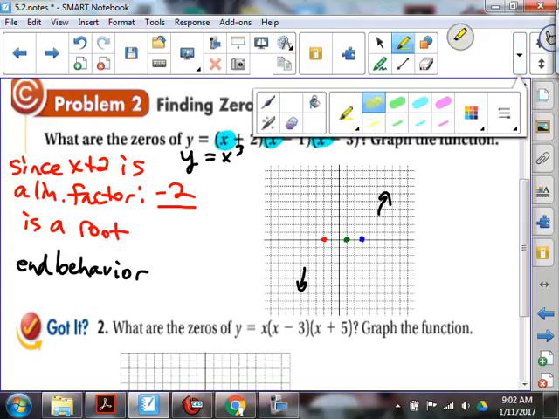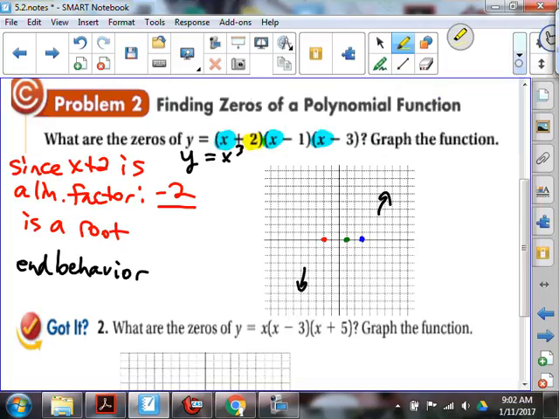If we thought about it enough, if we found the product of those numbers, that would give us our last term. What is our last term going to be? 2 times negative 1 times negative 3.